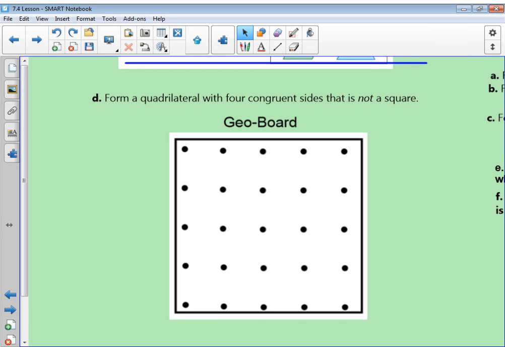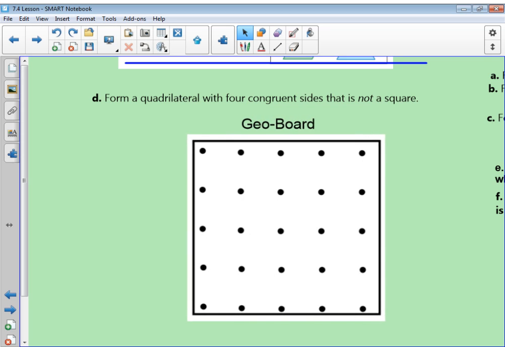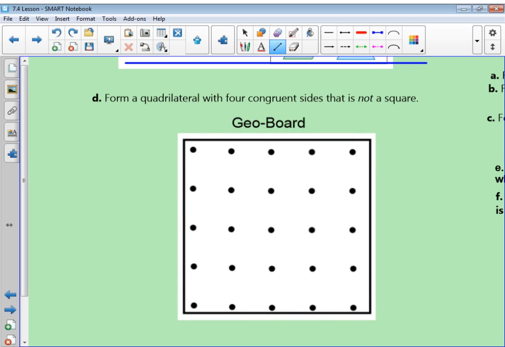Form a quadrilateral with four congruent sides that is not a square. So the sides have to be the same length, and it's not a square. So what I'm going to do is I'm going to actually draw not a square. So there's one, and it has to be four congruent sides that's not a square.